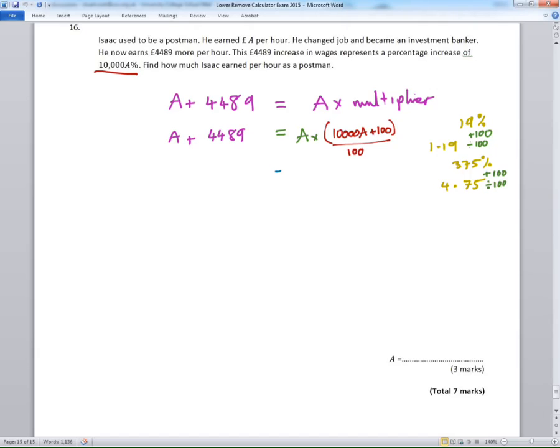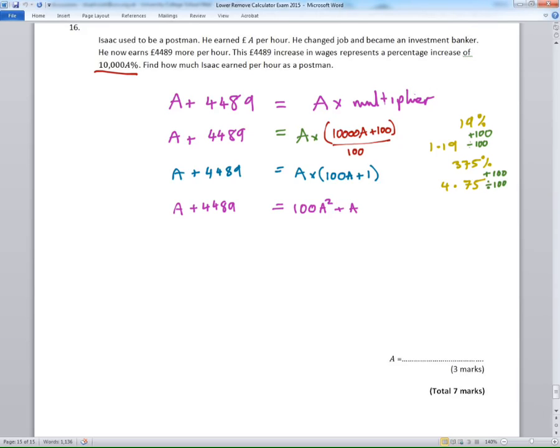Okay, now we can do some simplification. So I'm going to divide both those terms in that bracket by 100, leaving you with 100A plus 1. Okay, now I'm going to expand that right hand side, leaving you with 100A squared plus A. Now we can simplify.